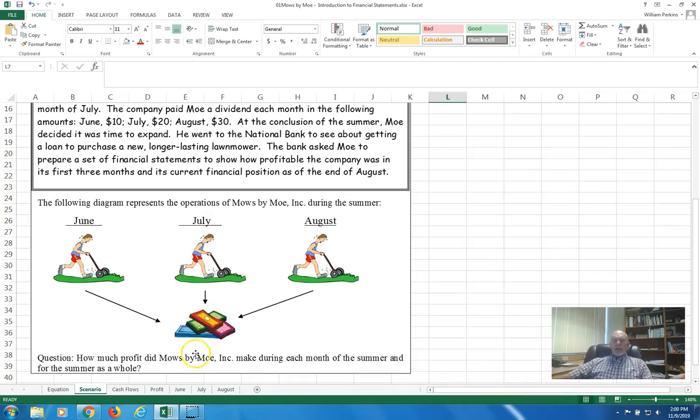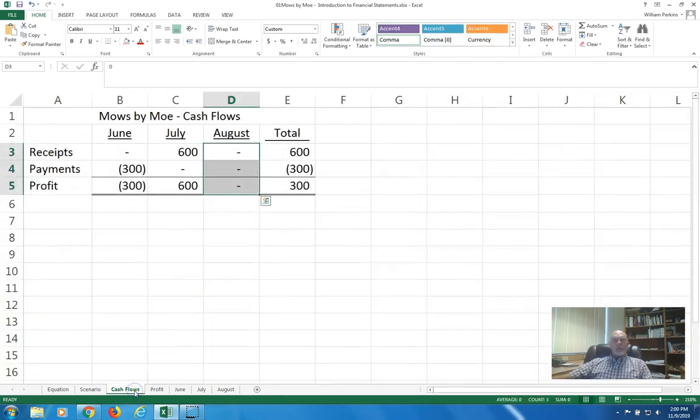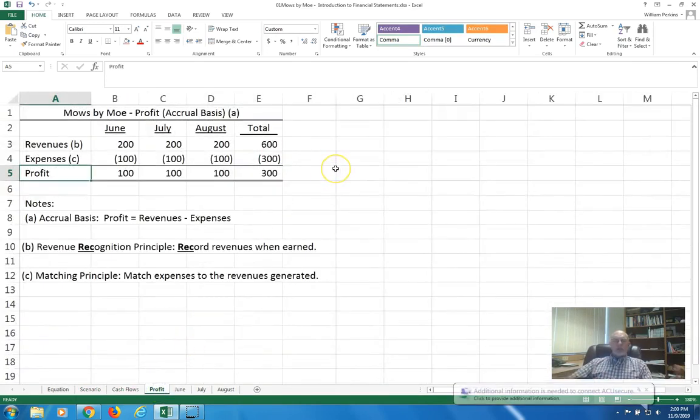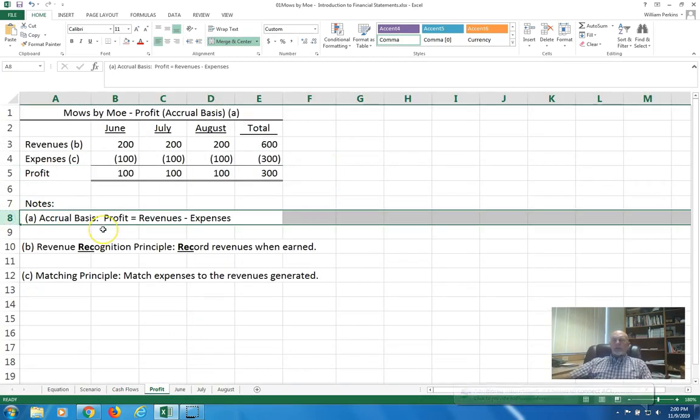So, cash flow is extremely important and we're definitely going to keep up with it, but that's not how we measure profit. In accounting, we call this the accrual system of accounting since we're not just focusing on cash flows. In the accrual basis of accounting, profit is equal to revenues minus expenses.